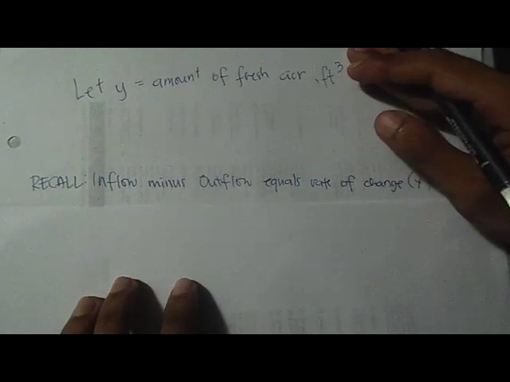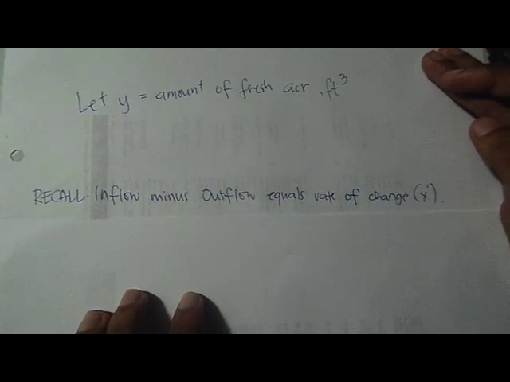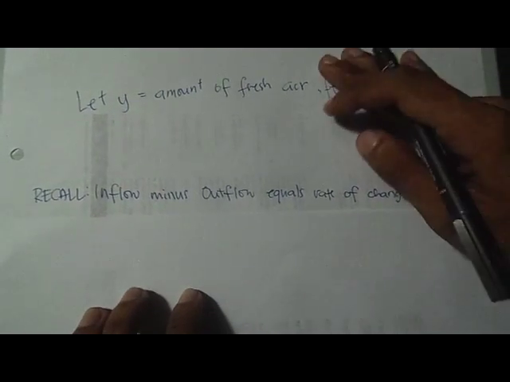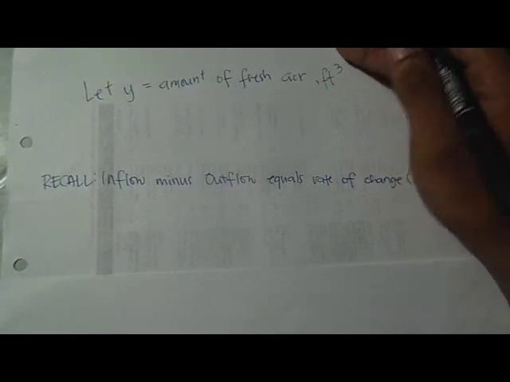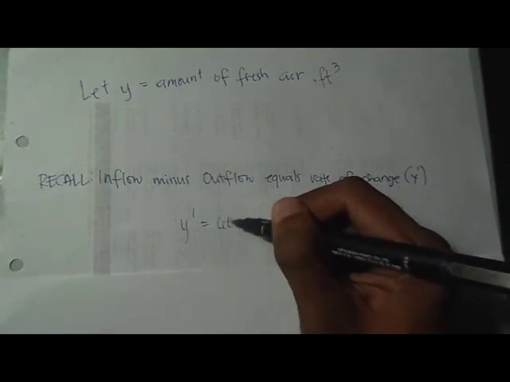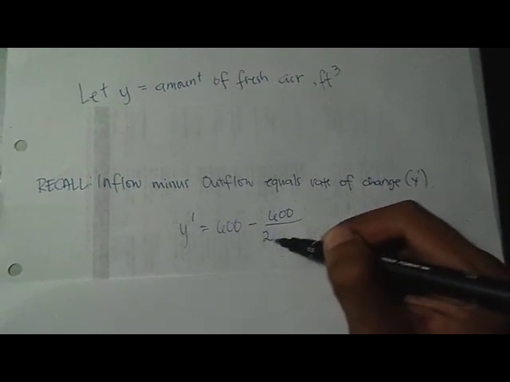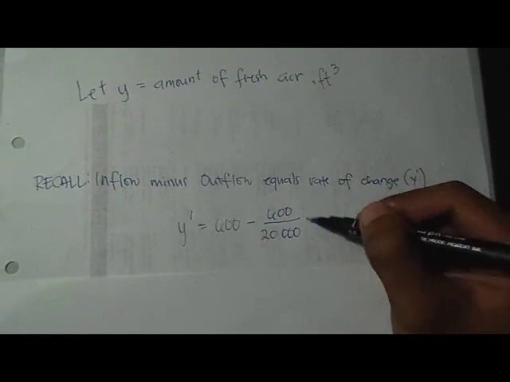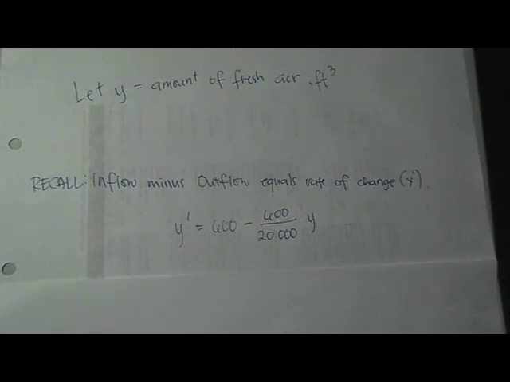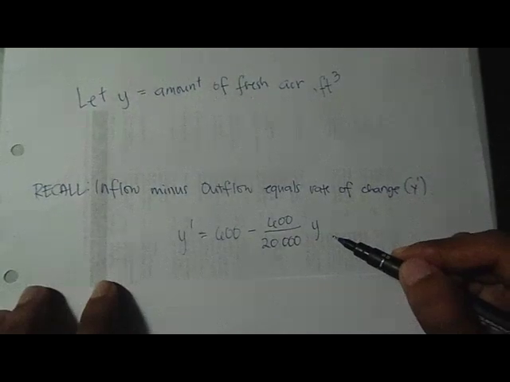So first, we need to recall that the inflow minus the outflow equals the rate of change. So at this example, our equation will have to be y prime is equal to 600 minus 600 over 20,000 y. So again, we have y as the amount of fresh air in cubic feet.